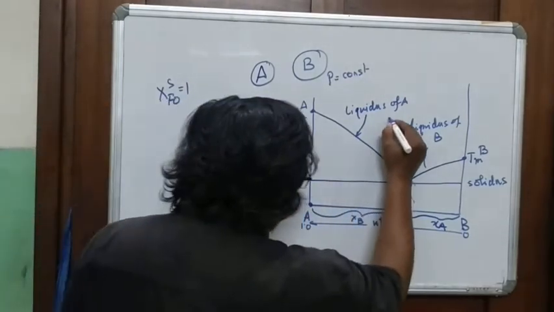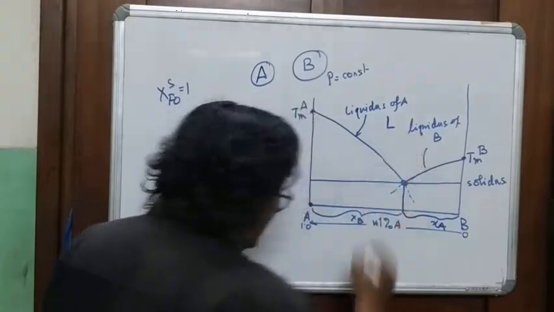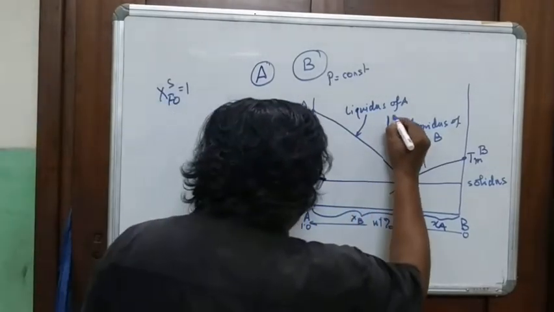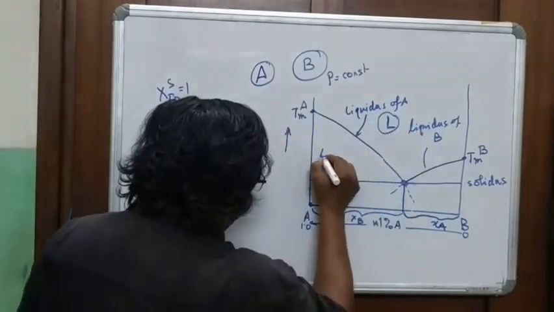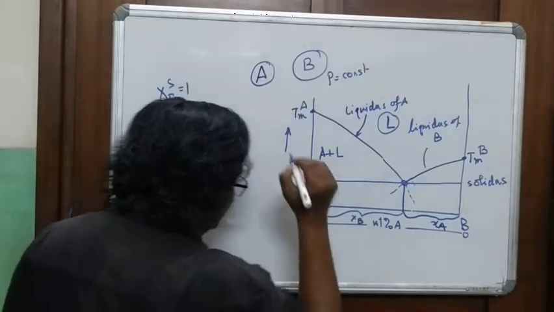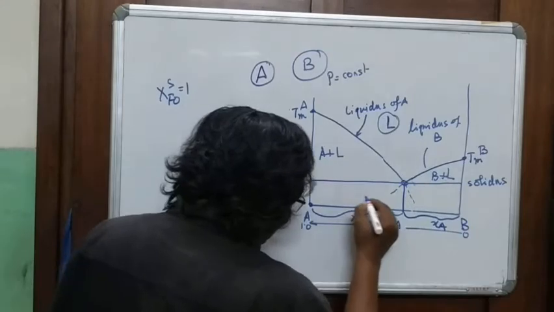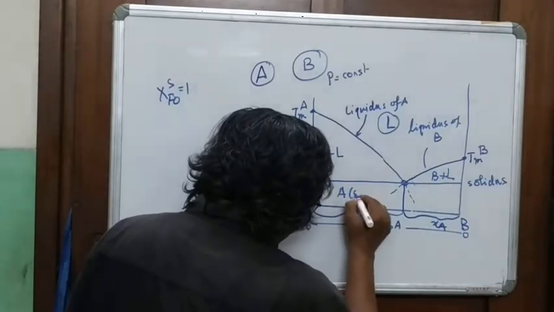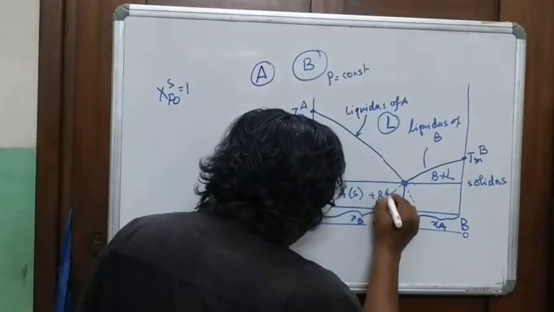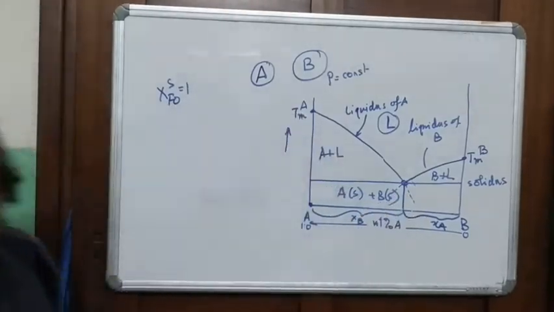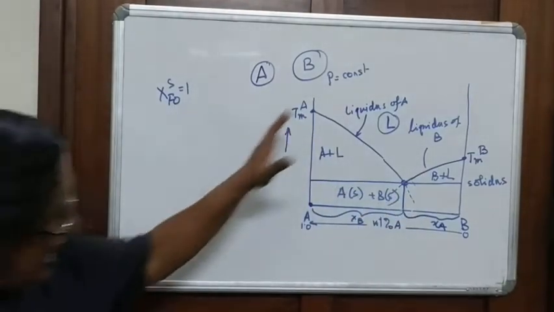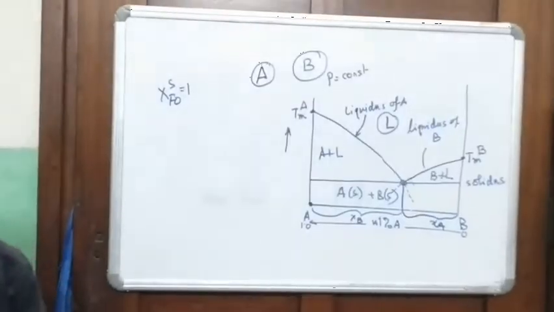So here you have only liquid, and we will come to this topic very strongly. This is liquid. Here A is in equilibrium with the liquid. Here B is in equilibrium with the liquid. Here A solid plus B solid, and there is no liquid. So that is how the diagram will look.